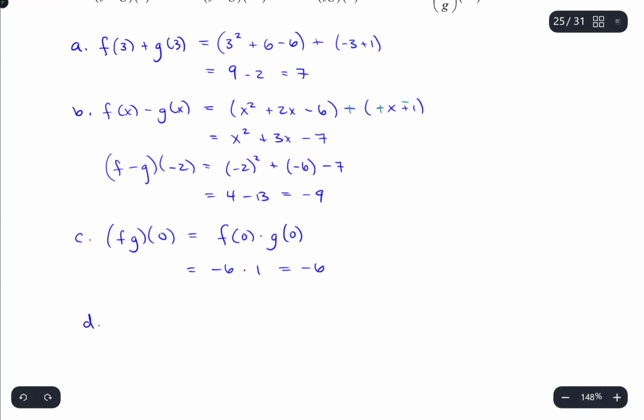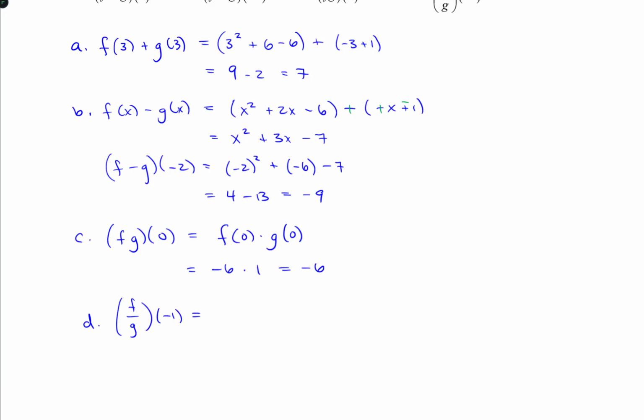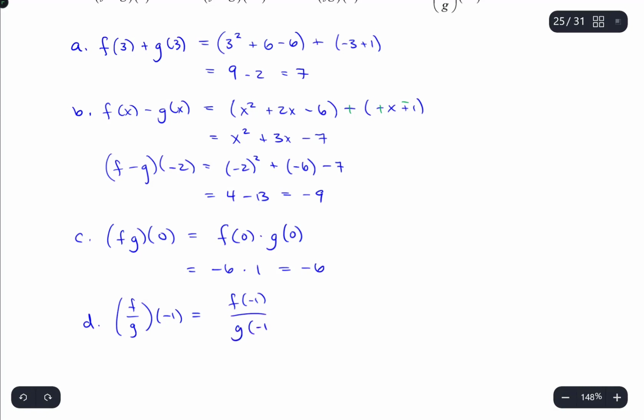And then lastly, in part D, we want f divided by g evaluated at negative 1, which I'll just do as f of negative 1 divided by g of negative 1.